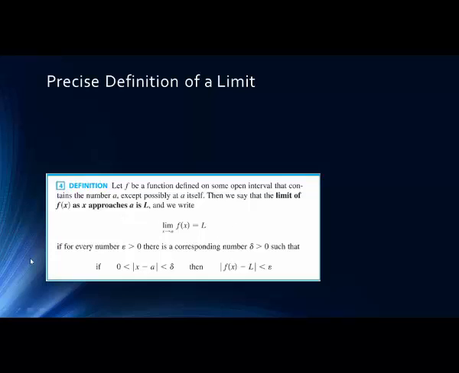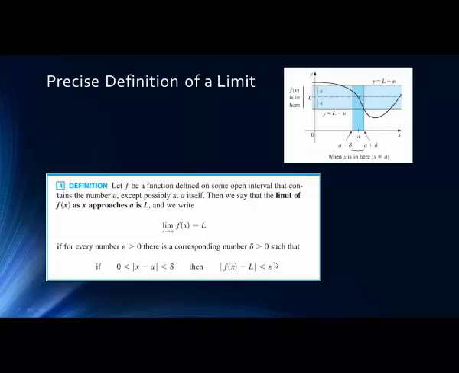This is true if for every number epsilon greater than 0, there is a corresponding number delta greater than 0, such that if 0 is less than the absolute value of x minus a, which is less than delta, then the absolute value of f of x minus L is less than epsilon. I know that's a mouthful, and it's a little bit confusing with all these Greek letters involved as well.